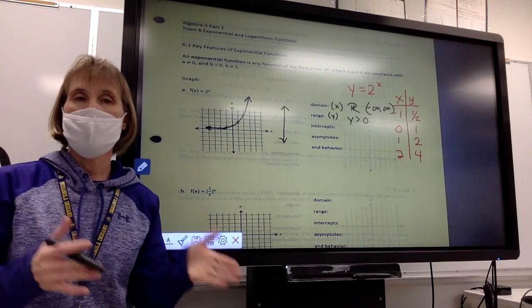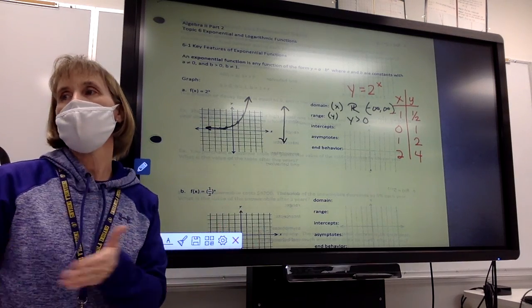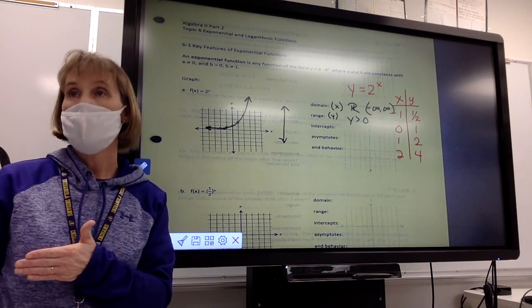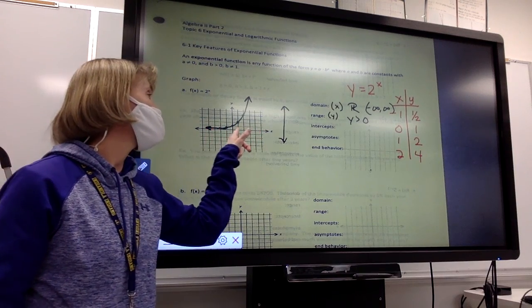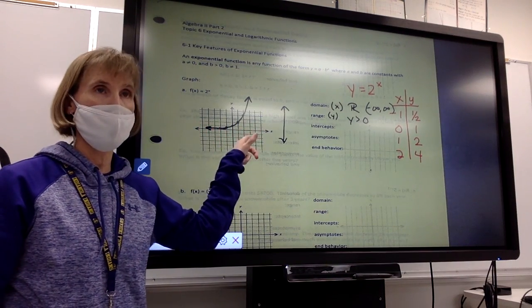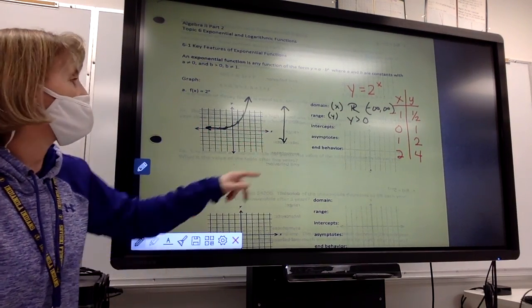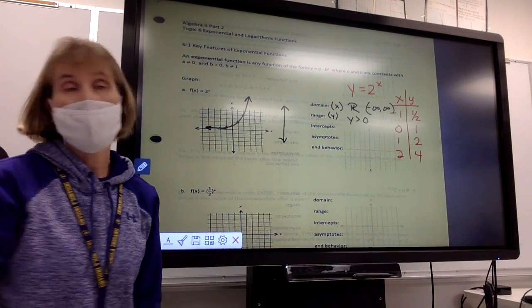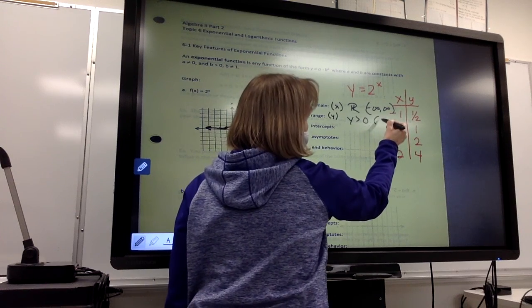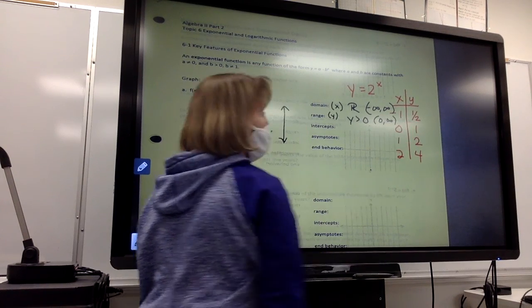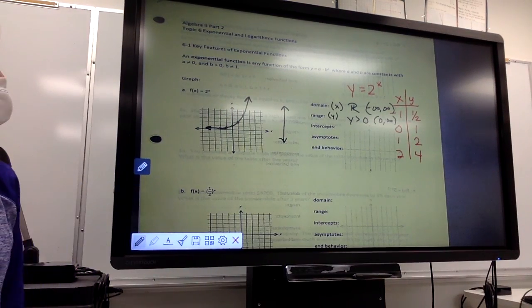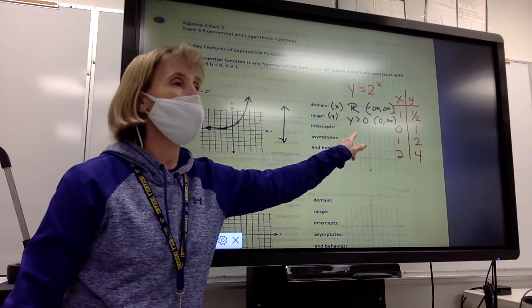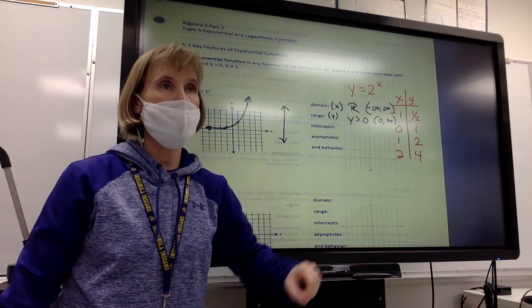Would I say greater than or equal to 0, or would I just say greater than 0? Just greater than, right? Because remember, it's not touching this axis. It can't equal 0. It has to be bigger than that. So we would say y's are greater than 0. If you wanted to put that, you could say it's going from 0 to infinity. That's how you want to list it. And again, I wouldn't put a bracket on 0 because 0 is not included.